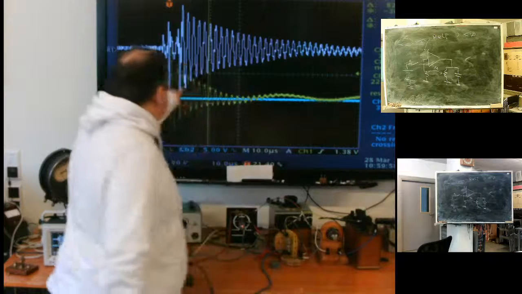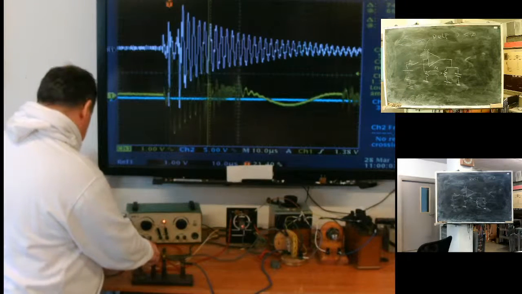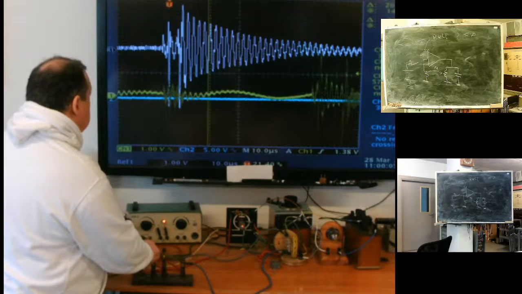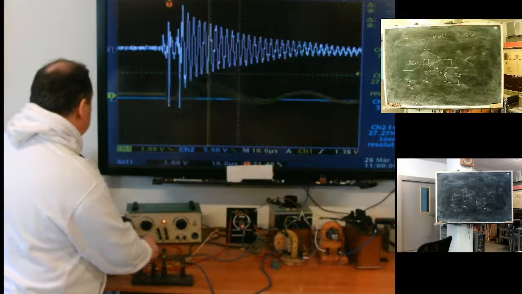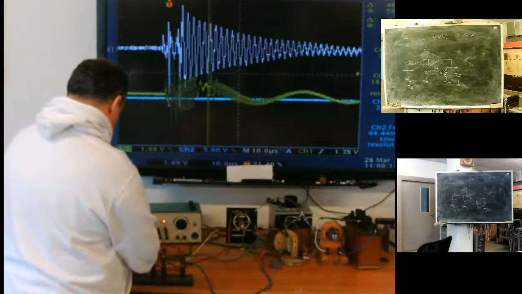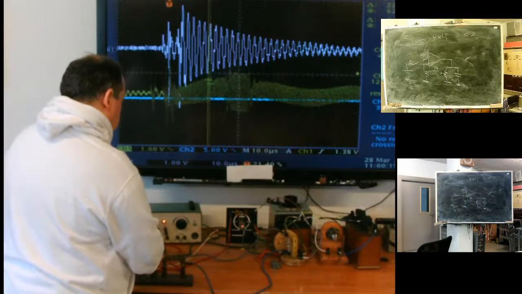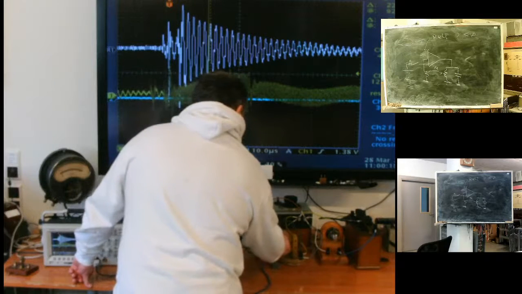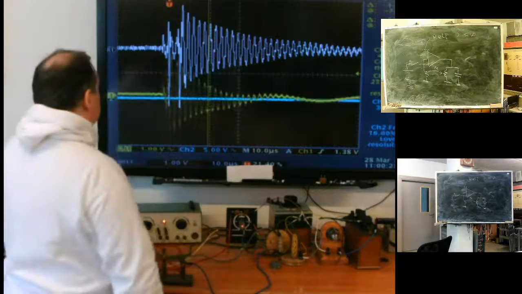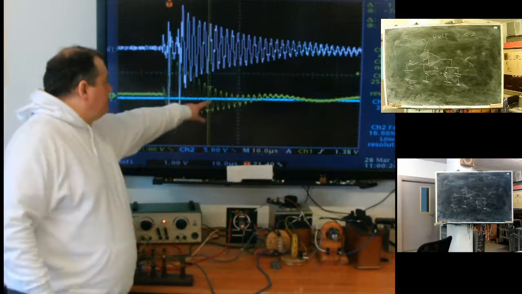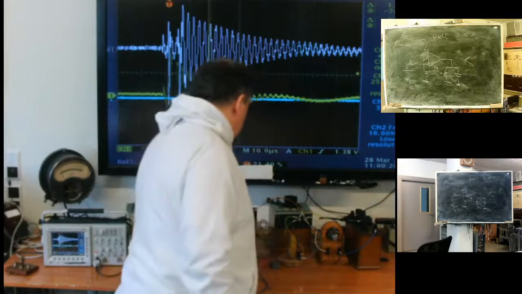We saw the effect of strong coupling. Now, okay, it is fast decay.